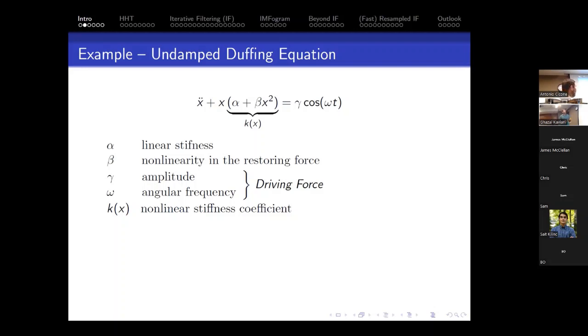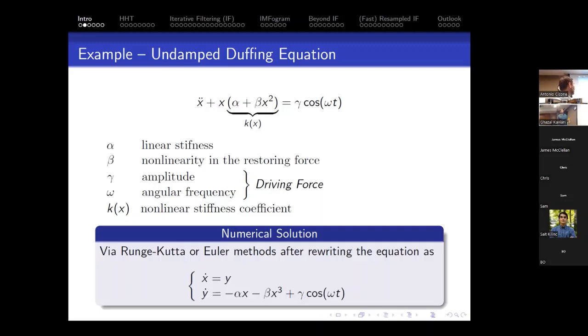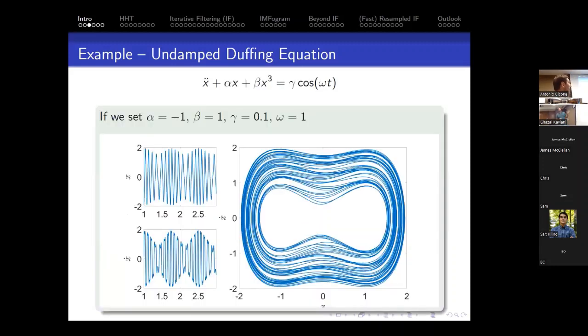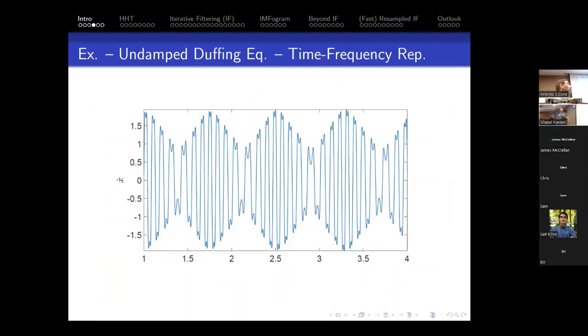We can solve it once we fix the parameters, using any classical numerical scheme, the vanilla version, and we can find a solution. Here I'm plotting, for a set of parameters, x and x prime. Now we can take x prime to be our signal, and we want to study it.